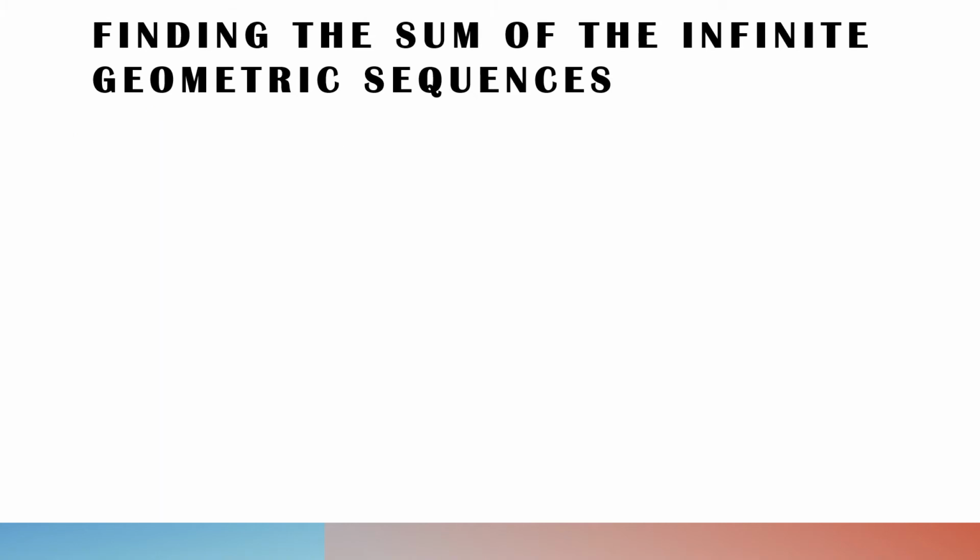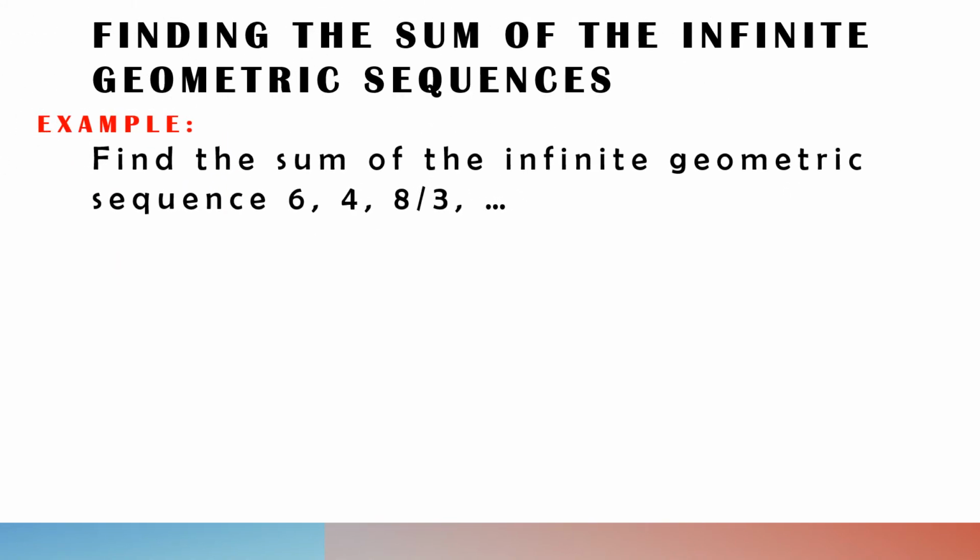Okay, next example. We are to find the sum of the infinite geometric sequence 6, 4, 8/3, and so on and so forth. Still, we are to find the sum of the infinite geometric sequence.